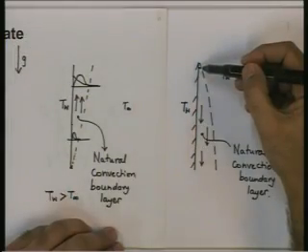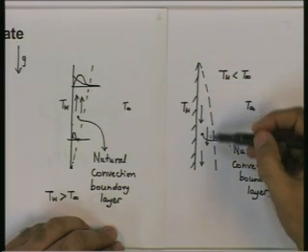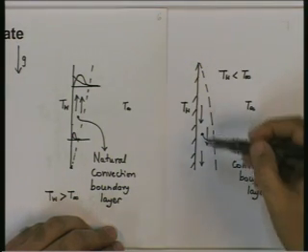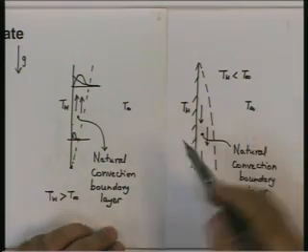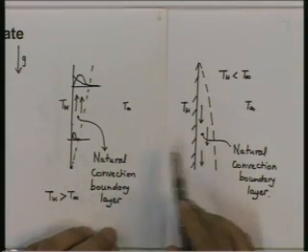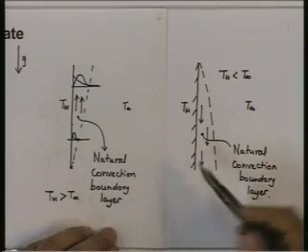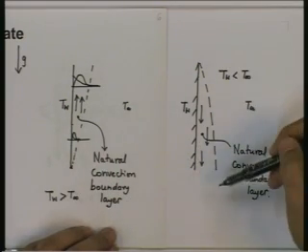When the wall is cooler than the surroundings, the boundary layer starts from the top edge, grows as you go down. The fluid tends to move down in that boundary layer. These situations are more or less symmetric to each other in the vertical direction.